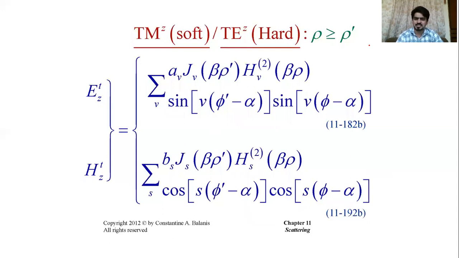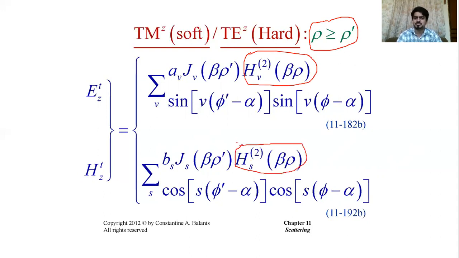And again, similarly for the second region, when rho is greater than or equal to rho prime, in that case, as a function of rho, we have a Hankel function of second kind variation for both TM to Z and TE to Z polarization, for E_z as well as H_z components. Okay, and again, it's a similar procedure.